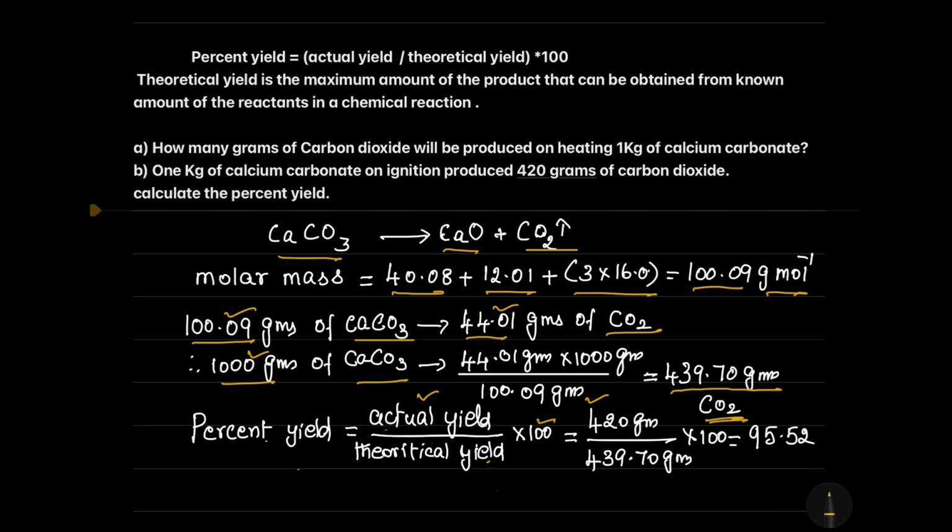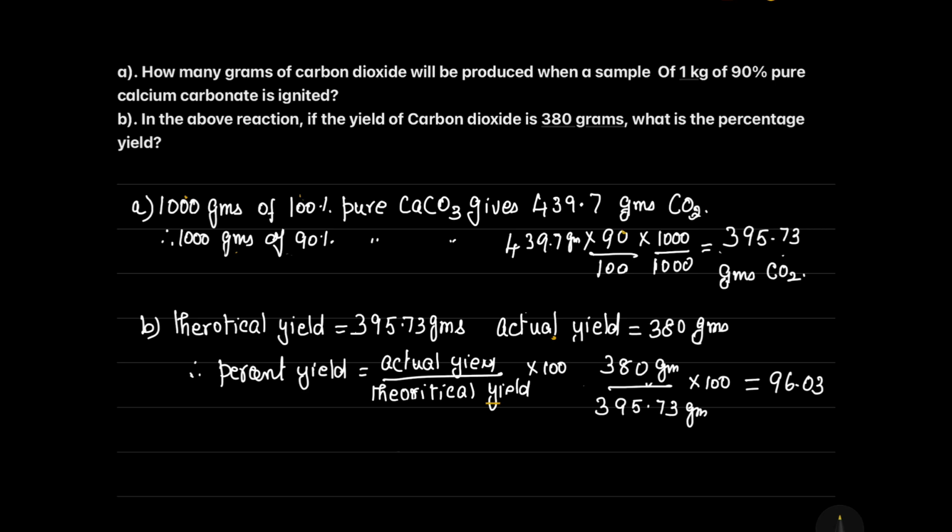In this case, the actual yield mentioned is 420 grams, whereas the theoretical yield or calculated yield should have given 439.70 grams of carbon dioxide. So 420 grams divided by 439.7 into 100 gives the answer 95.52, which is the percent yield as asked in the problem.